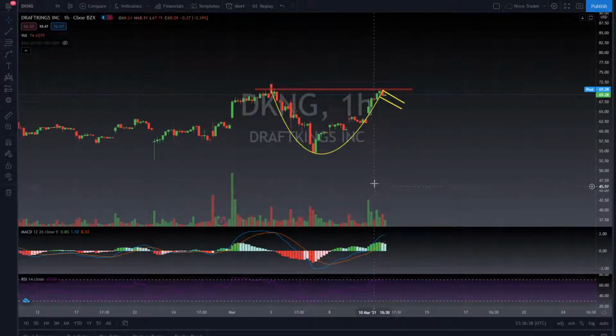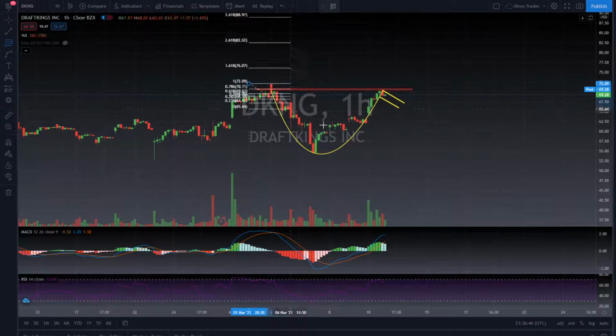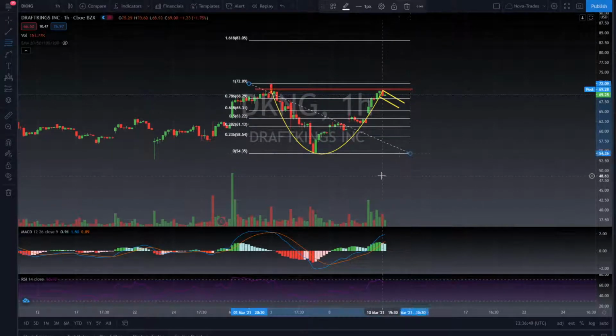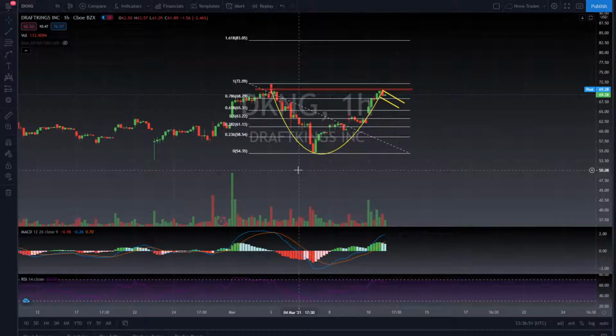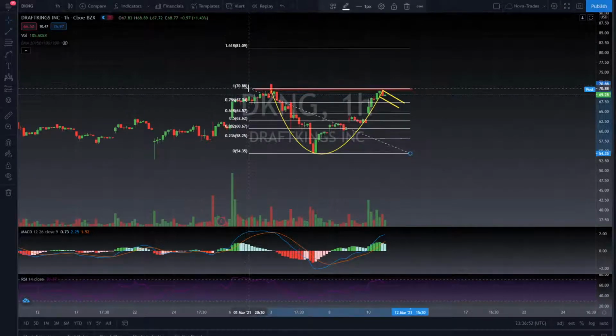Yep, I got Apple for you as well after this. But yeah, so we'll typically see the handle come and form. To help give us a better idea of where that handle could possibly be at, I'll draw out a fib line real quick. So let's see.